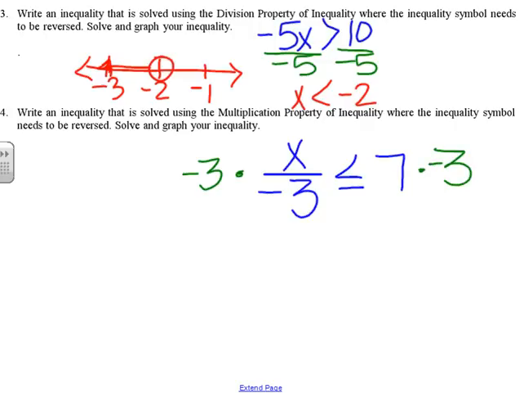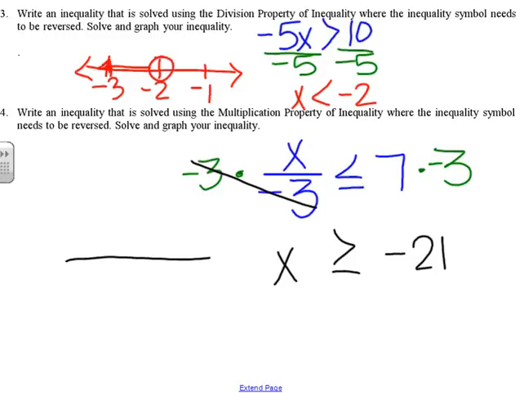So we're going to multiply by negative 3. That will cancel out. So we get x is greater than or equal to negative 21, and then your inequality symbol reverses. Okay, your graph, negative 21, negative 22. That would be a closed circle with the ray going to the right.